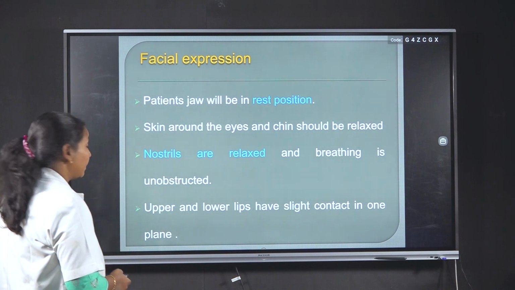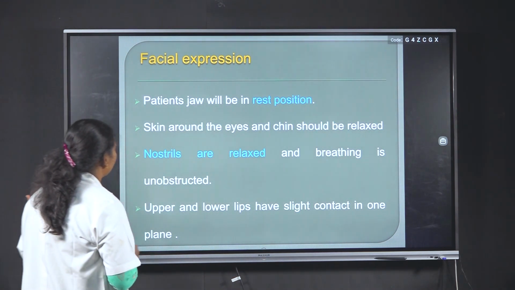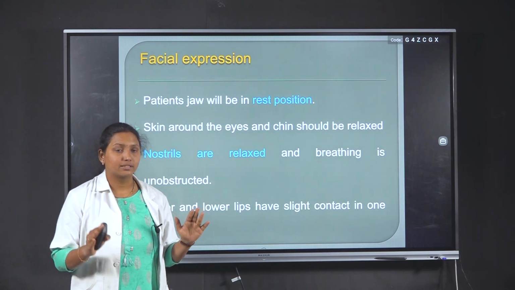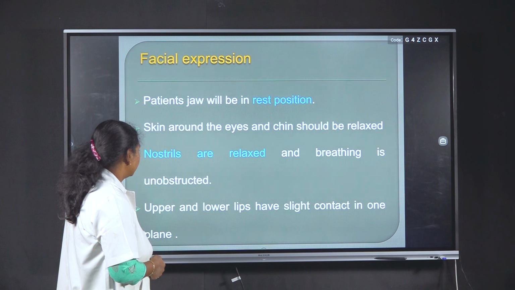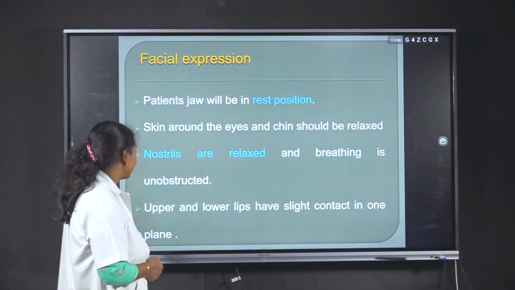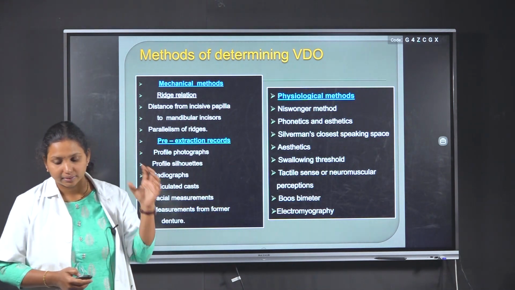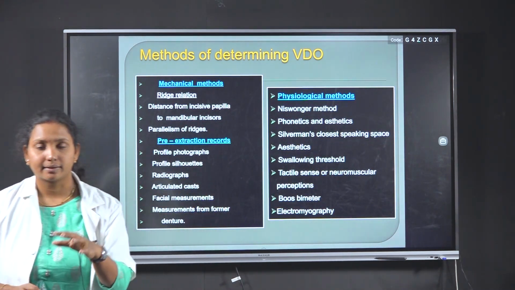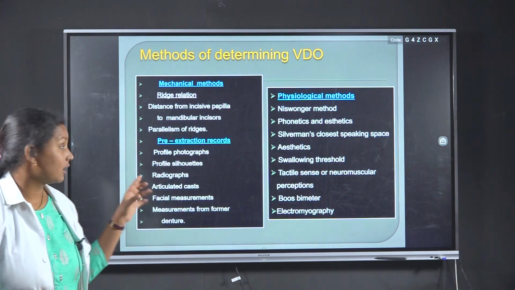It means you will observe the skin around the eyes and chin, and it should be in a relaxed position. Here upper and lower lips have slight contact in one plane. So these are the 5 methods to record vertical dimension at rest.